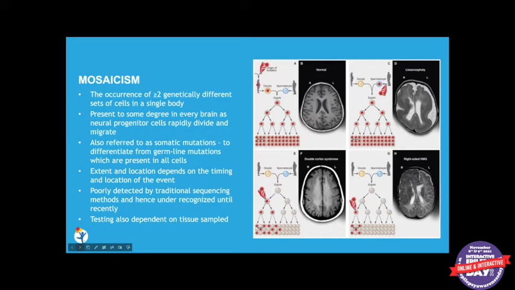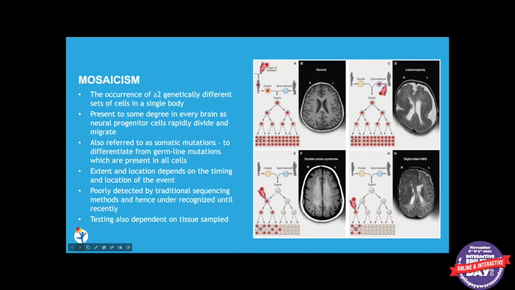Those cells start there in a collection, and they begin to migrate out. They organize themselves into the ridges and folds that we think of as the shape of the brain. In doing that, they also rapidly divide during that process. And as they divide, they may not copy over our genetic material with 100% fidelity, meaning that there may be slight changes in some of those cell lines as they divide and create our brain.